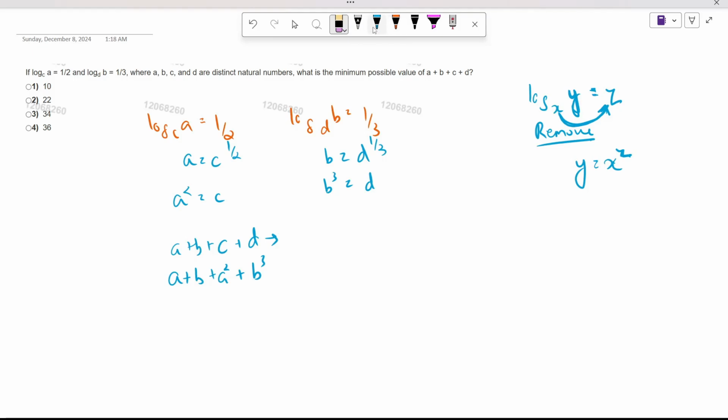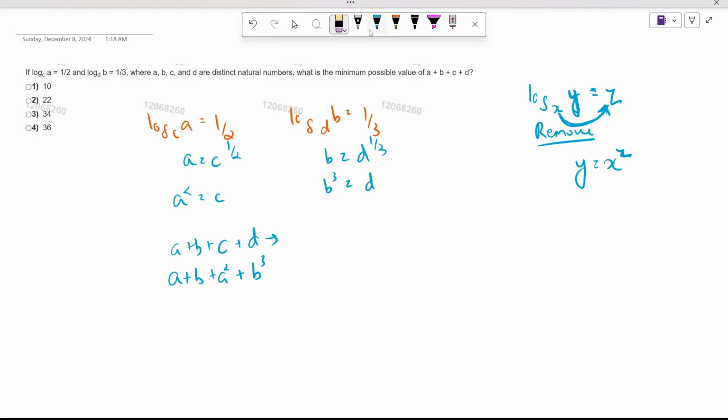We can apply the identity and get something, but given that a, b, c, d are distinct natural numbers, we'll just substitute something. b cannot be 1, because 1 cube is also 1, they would not be different. So we have to take different values.